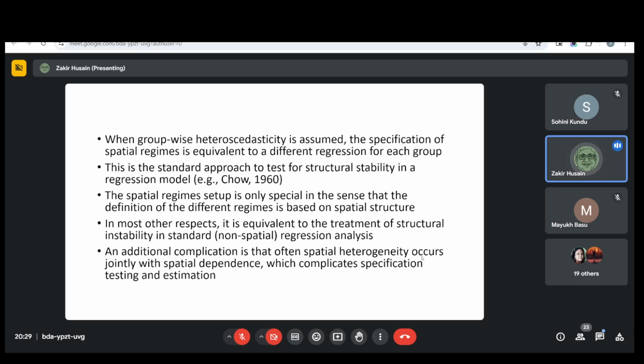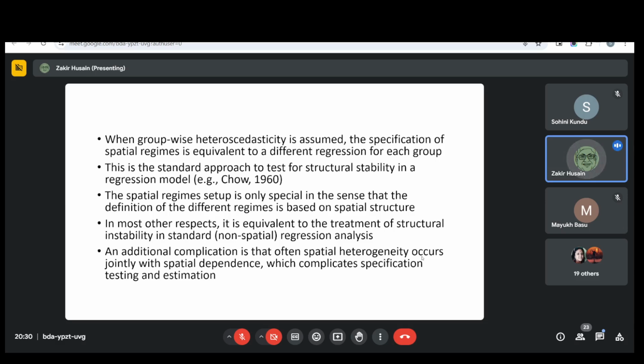So this is the standard approach that we follow when we want to test for structural stability in a model, just as the Chow test did. The only difference from the time series is that, instead of time, the break is across or over space. But so far as the econometric treatment is concerned, it is the same as in the time series Chow test.